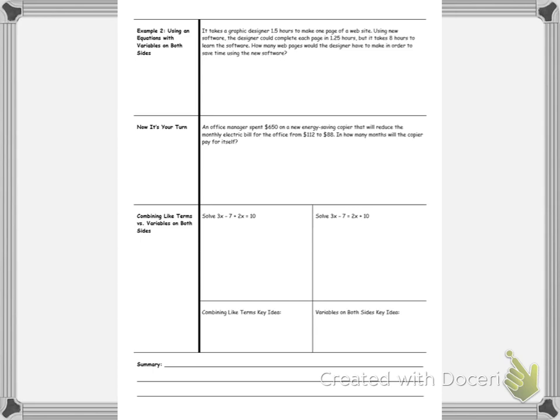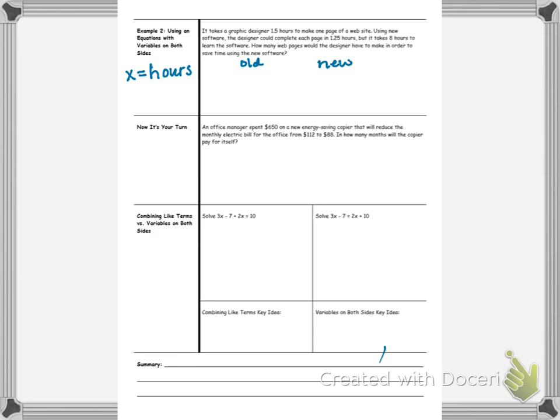Okay, so first we're going to define what our variable is. Our variable is x, and x is going to represent hours. And so I always like to identify what are my two equations. In this case, this is going to be my old information, so that's like the old software or just him doing it. And this is going to be my new software.